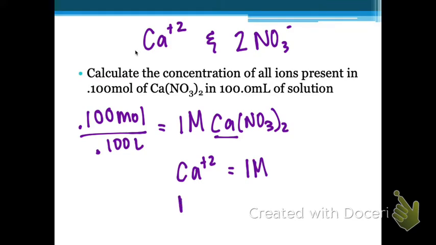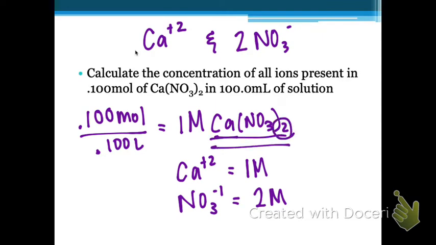What about the concentration of my NO3 ions? It would be 2 molar, right? Because it is twice as much. There are twice as many nitrate ions per 100 milliliters as there are anything else, right? Because for every single molecule of this, there are 2 nitrate ions. So there are twice as many nitrate ions present in this solution.